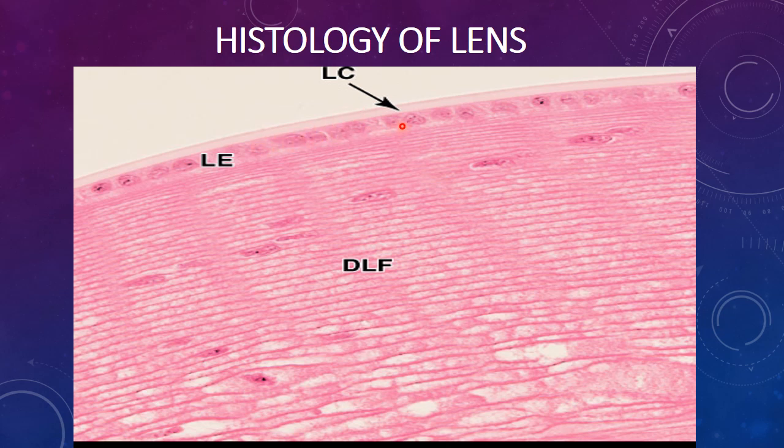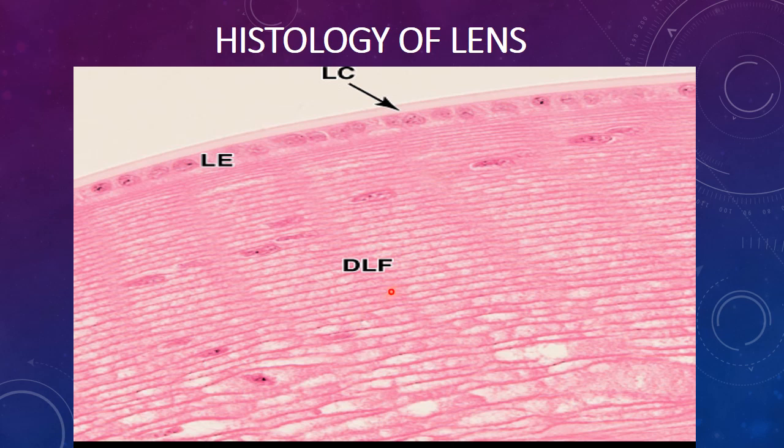Deep to the lens capsule is the lens epithelium, which is a simple cuboidal epithelium lying on the outer surface of the lens. In the deeper area are the dense lens fibers. They run parallel to each other and have protein deposition in them, that is the crystalline protein.